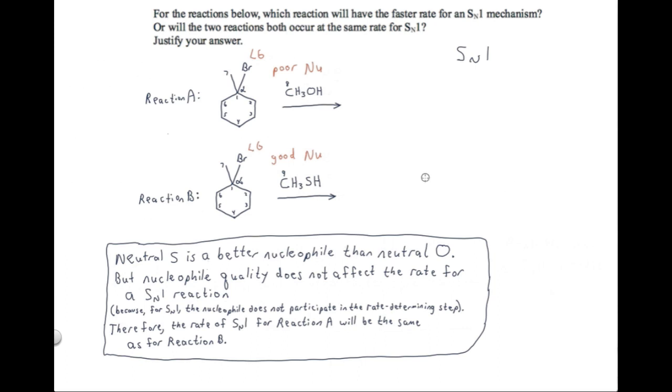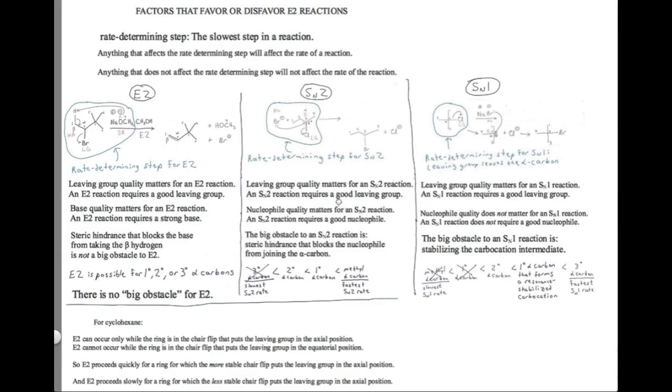I think this is a difficult problem because, if you know that neutral sulfur is a better nucleophile than neutral oxygen, it would be natural to think that a better nucleophile would give you a faster reaction. But we've seen that it doesn't work that way with an SN1 mechanism. In our last three problems, we have reviewed that a better base makes an E2 reaction faster.